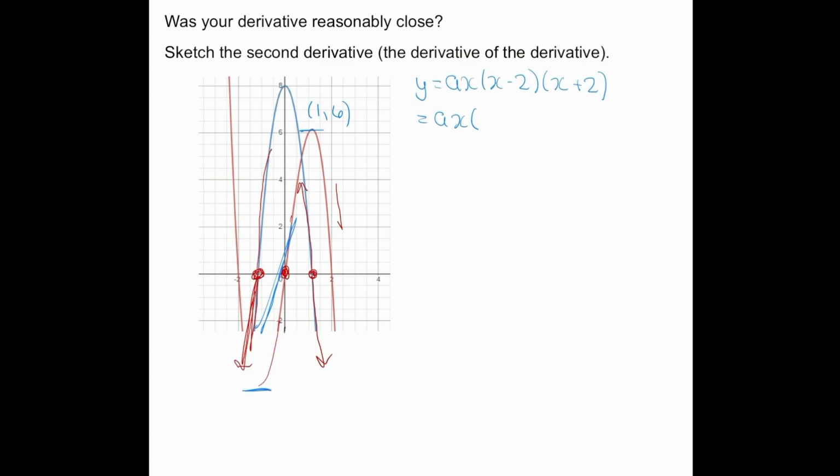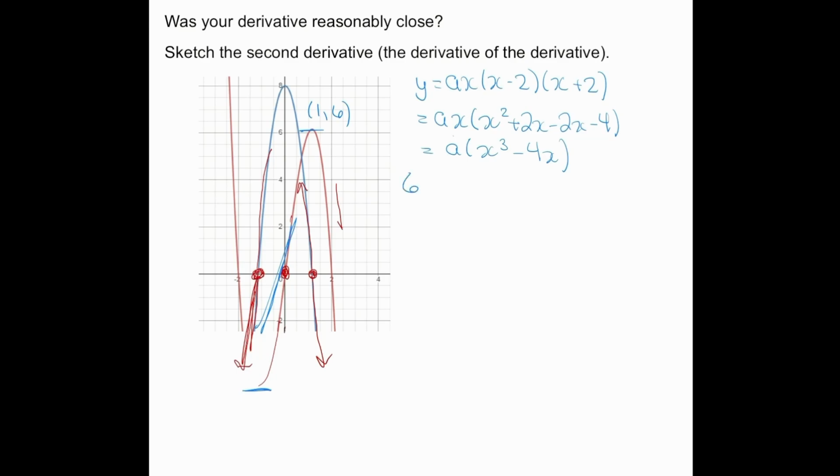That gives me x squared plus 2x minus 2x minus 4. Now I'm going to distribute, collect like terms, and then distribute that x inside the bracket. So I end up with a times (x cubed minus 4x). Okay, now we need to solve for a by subbing in our point (1, 6).